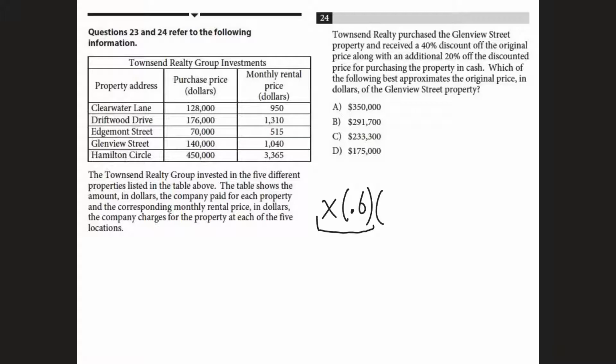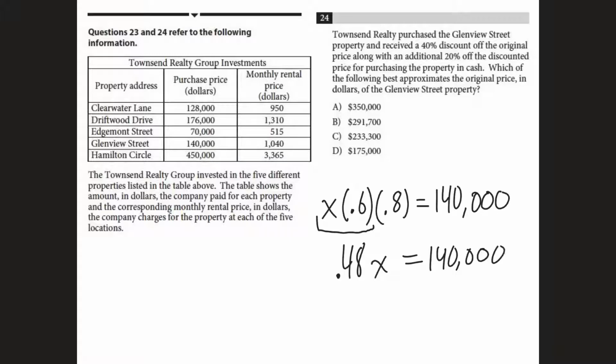Okay, 20% off 100% is 80%, so we're going to multiply by 0.8. Okay, and that equals the exact purchase price that they actually spent, which was $140,000. Now I'm going to simplify this. We get 6 times 8 is 48 with 2 decimal places. Now I'm going to divide both sides by 0.48.